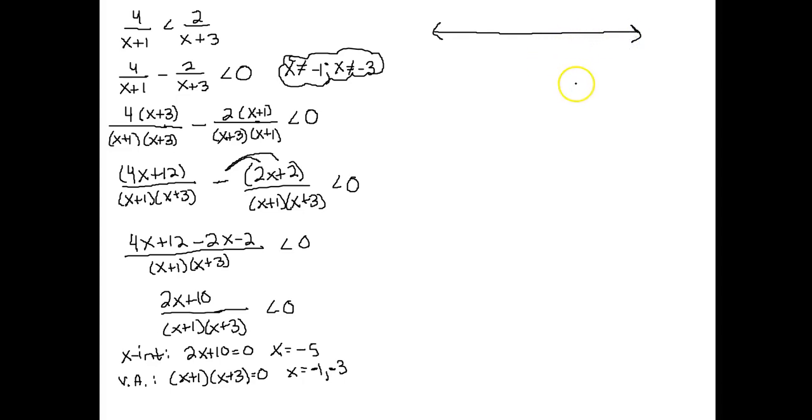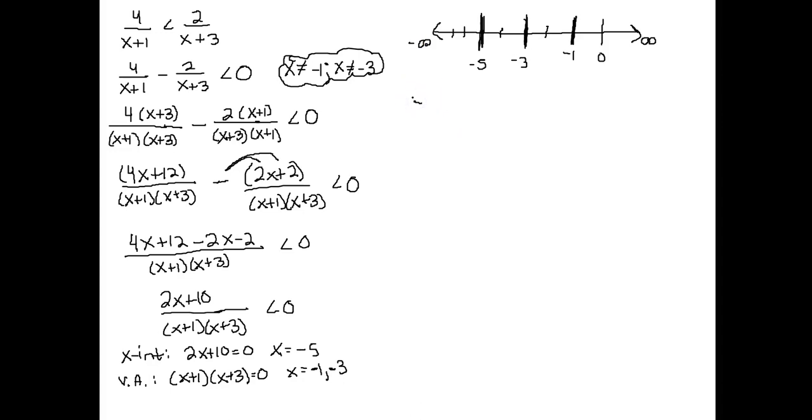Okay, looking at the number line, we have 0 here, negative 1, negative 3, and negative 5. You're interested in seeing differences in behavior in the intervals that these three values separate the number line into.